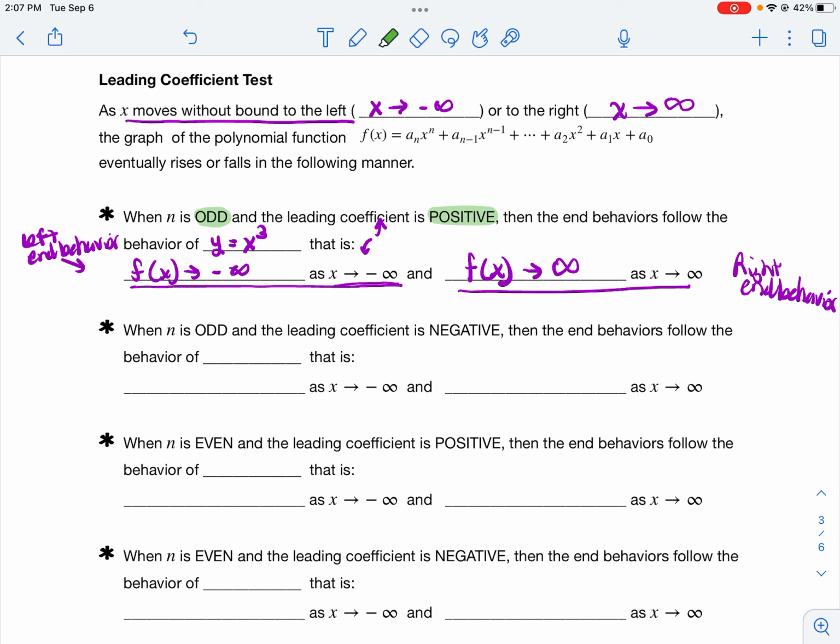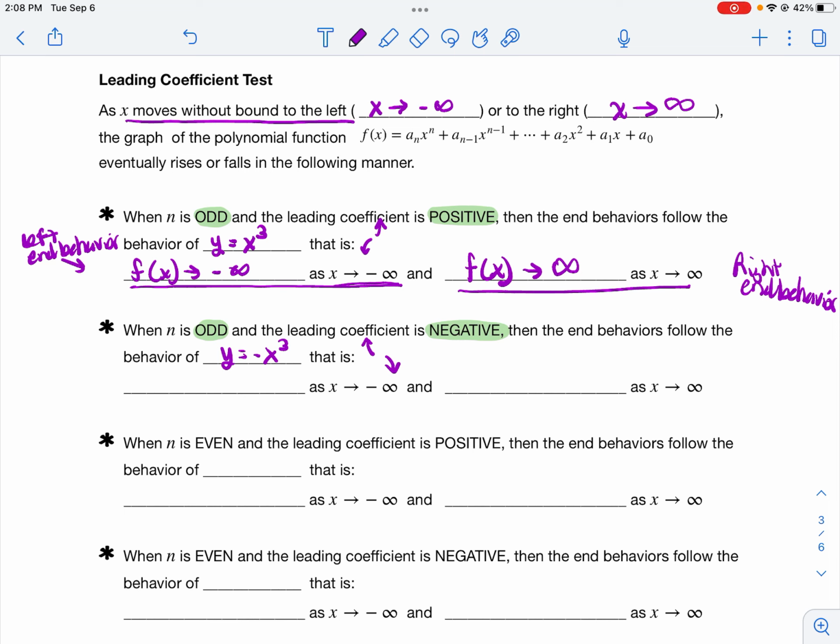Now, if n is odd still, but this time our coefficient is negative, it's going to follow the shape of y equals negative x cubed. So reflection across the x-axis means this end is going to be going up and this end is going to be going down. And I remember these two as odd opposites.